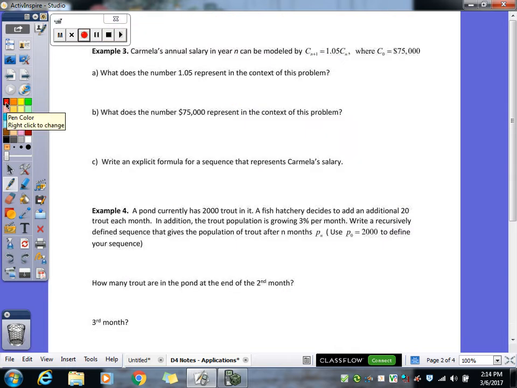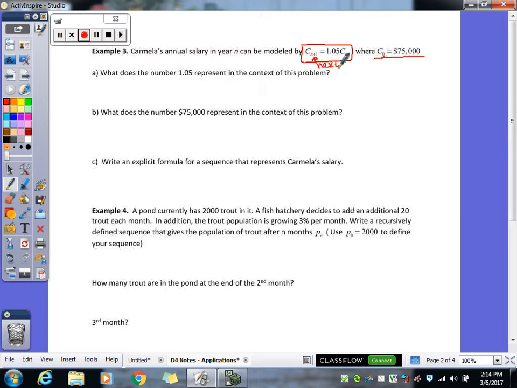So example 3, we have Carmela's annual salary in year n can be modeled by this equation here, where C of 0, again, this one starting with 0, is 75,000. What you have to keep in mind is that here we have a notation we don't really see that often.